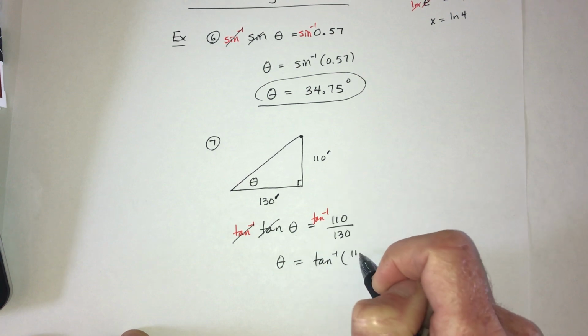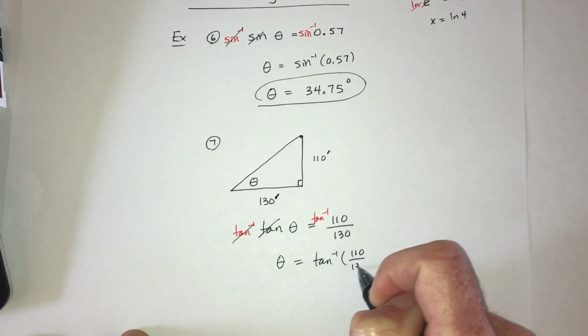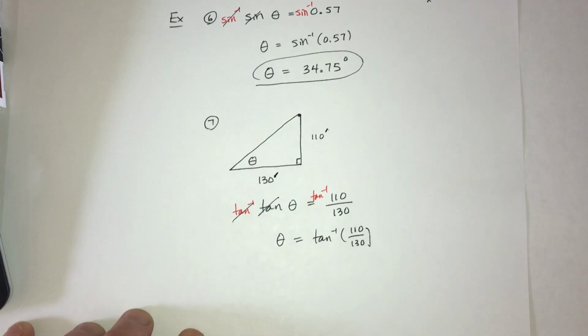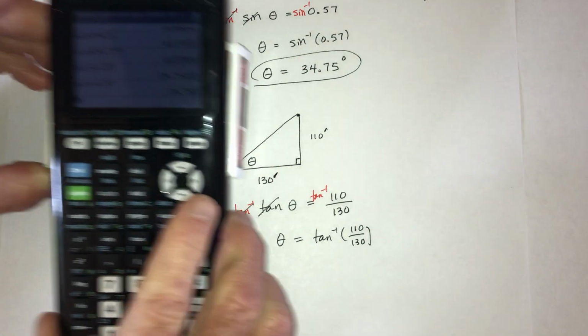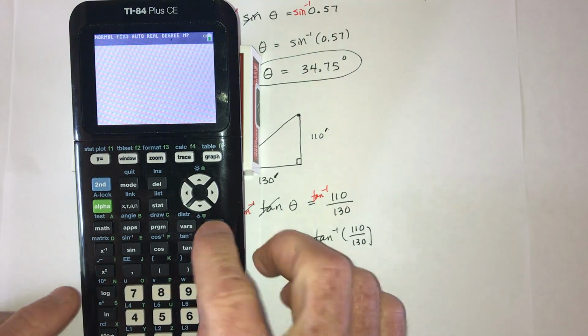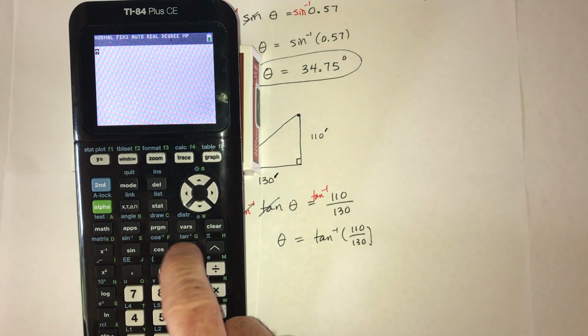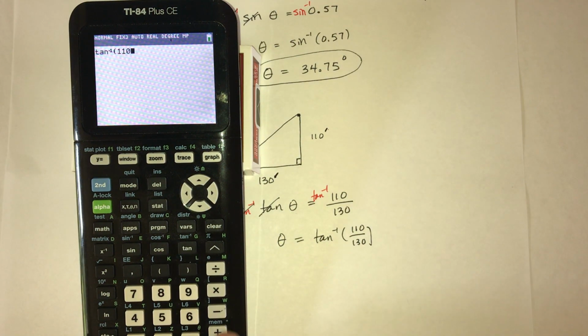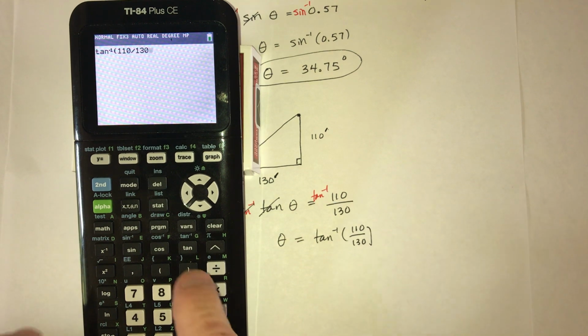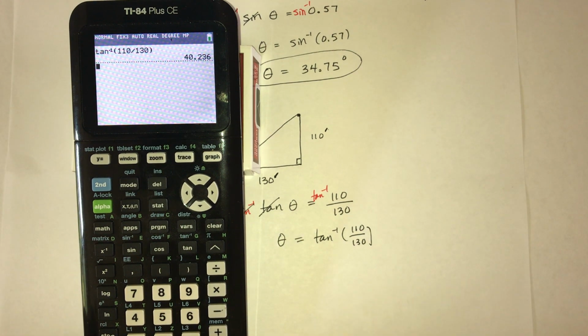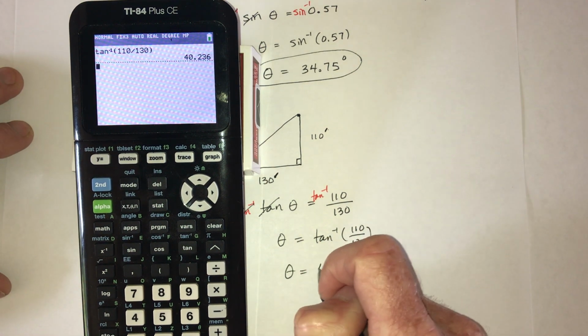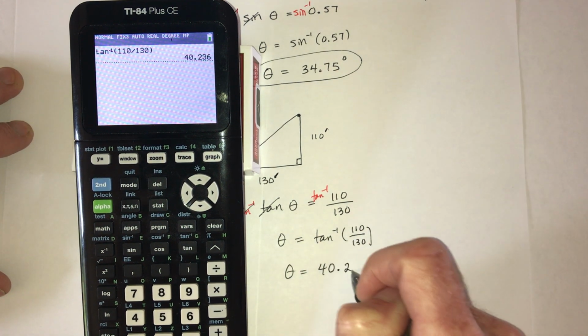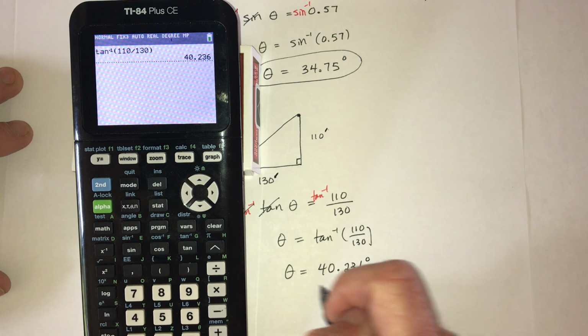And then ask the calculator, what's tangent inverse of 110 over 130? So second tangent inverse, 110 divided by 130, and theta equals 40.2236 degrees.